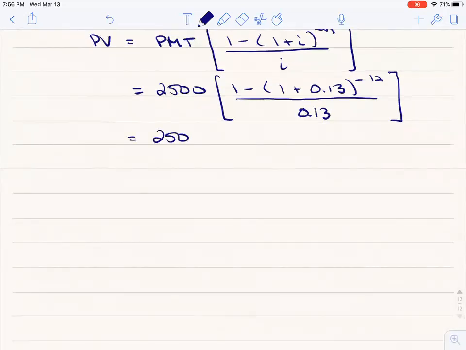You can check your work. You should get 2,500 times 5.9175647017, assuming I did that right.